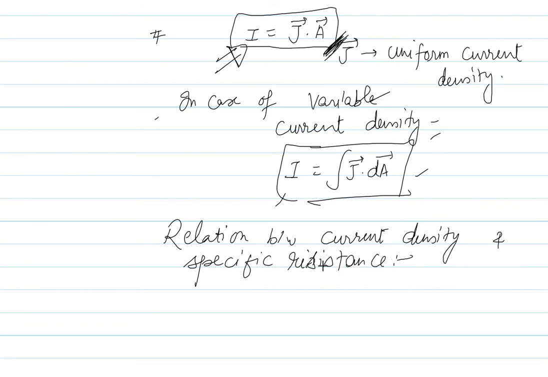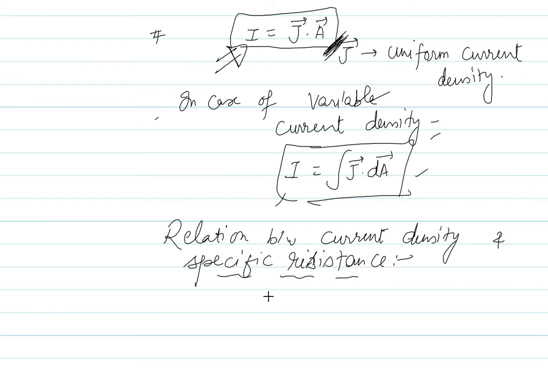Now see what is specific resistance. Specific resistance is resistivity actually. So we want to define current density in terms of specific resistance.